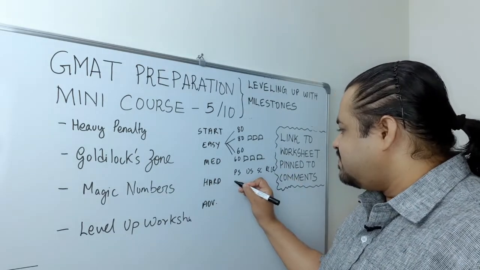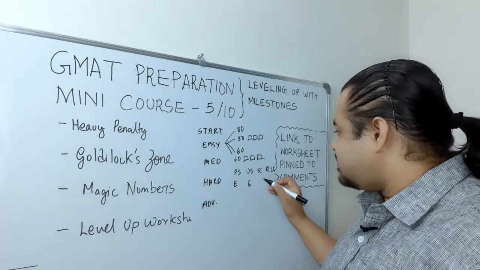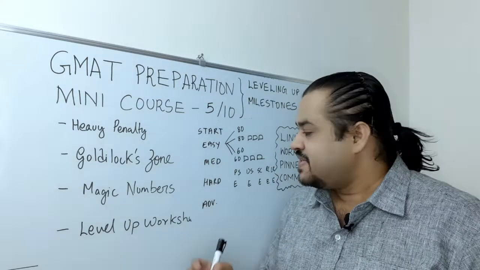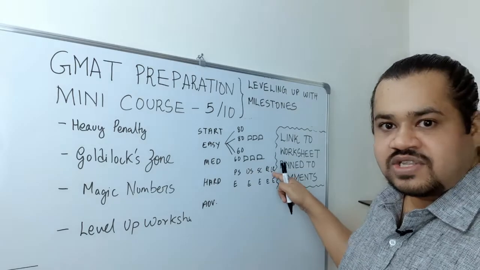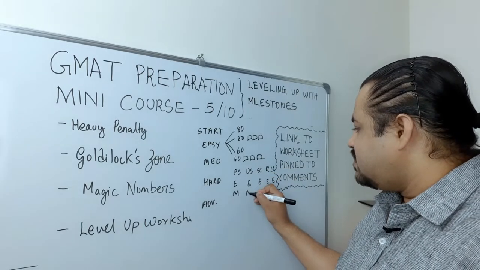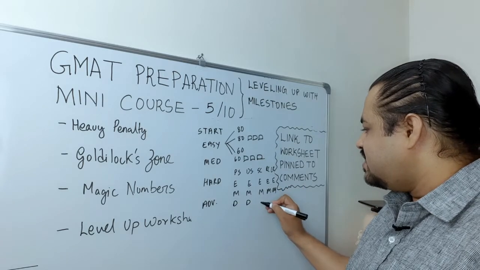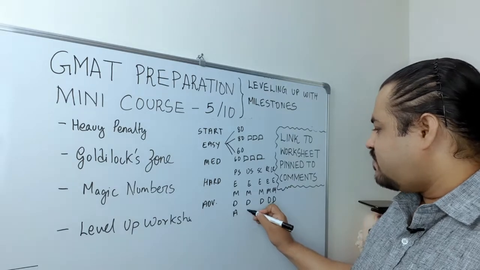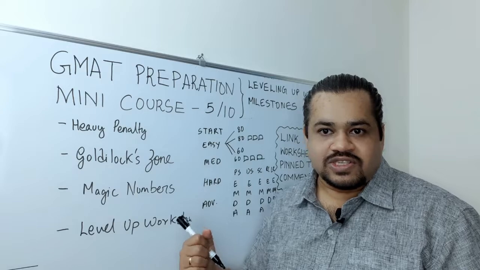What you can do is clear easy for problem solving, easy for data sufficiency, easy for sentence correction, easy for RC, easy for CR. Clear all the easy level of difficulty for all these areas. Then you clear moderate for all these areas. Then you clear difficult or hard for all these areas. And finally, you clear advanced for all these areas.